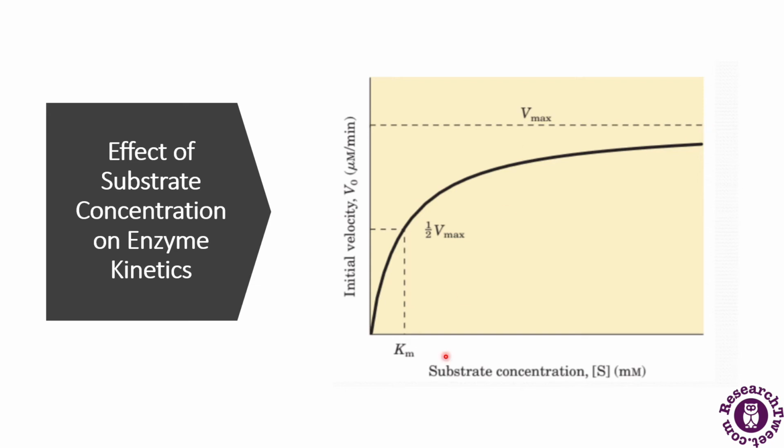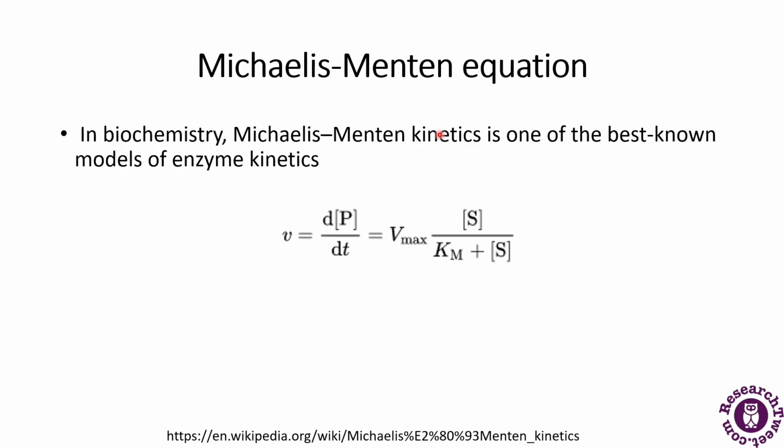So the graph is plotted between the substrate concentration and the initial velocity. Here there is half Vmax, there is a Km which is given, and there is a Vmax which is also given.